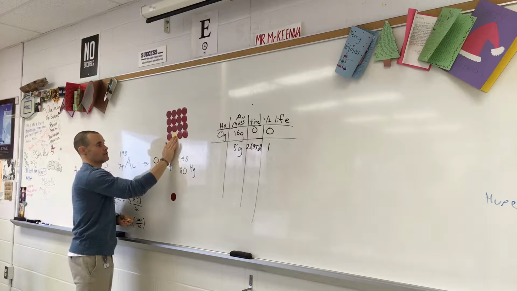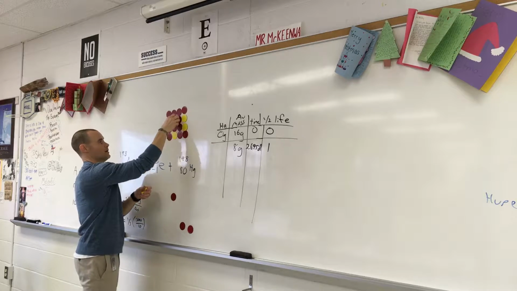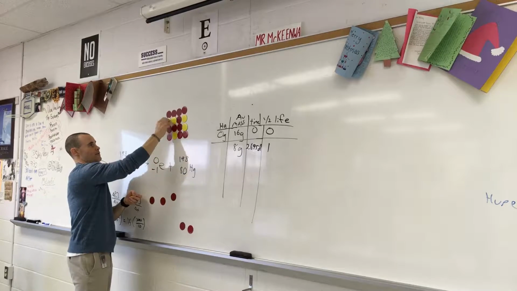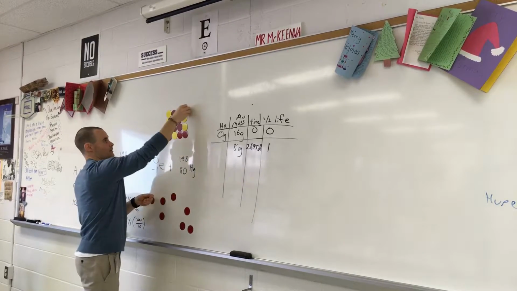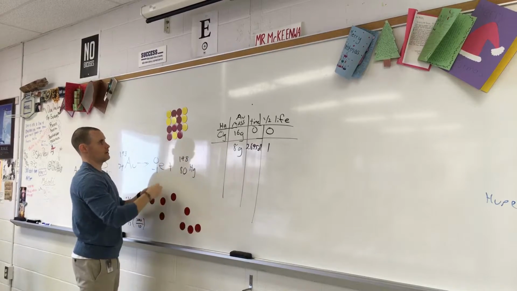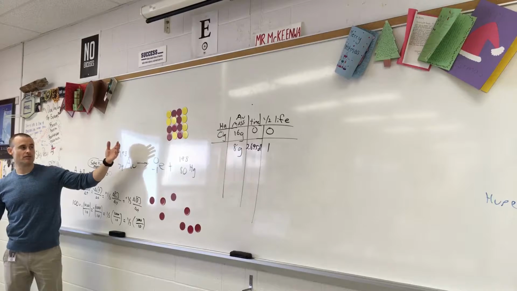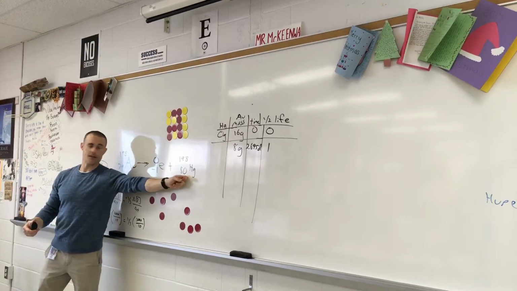So here's 1, 2, 3. Take one in the middle here, 4, 5. Take this one, 6, 7, and this one, 8. So there's my 8 random atoms that have now transmutated into mercury.